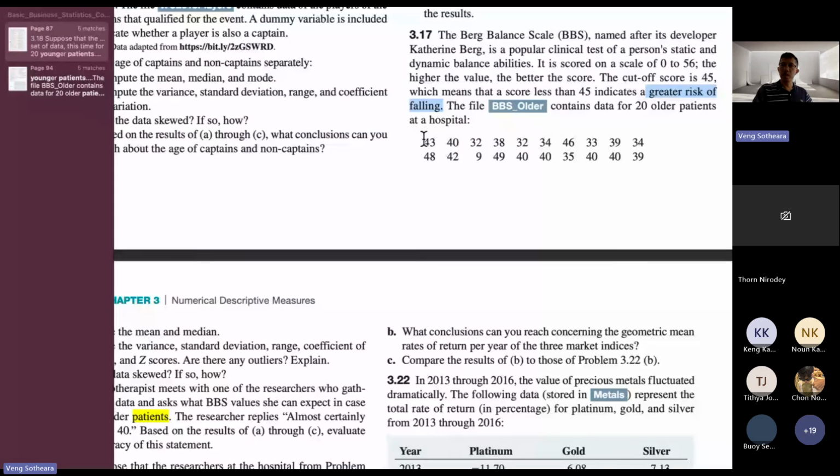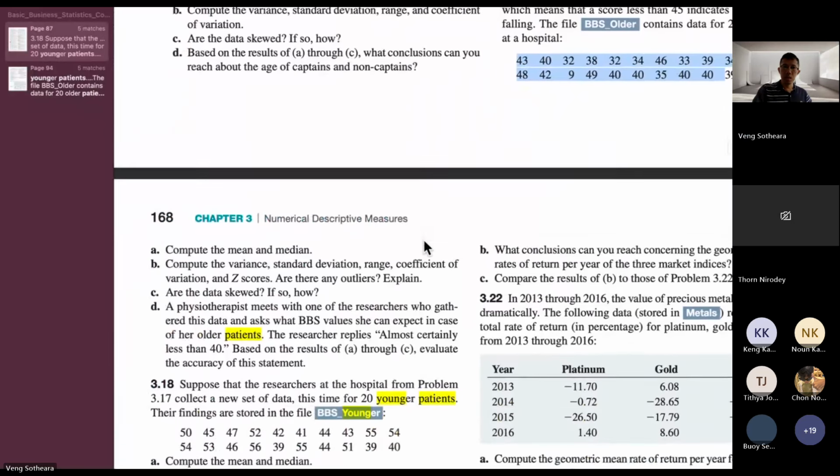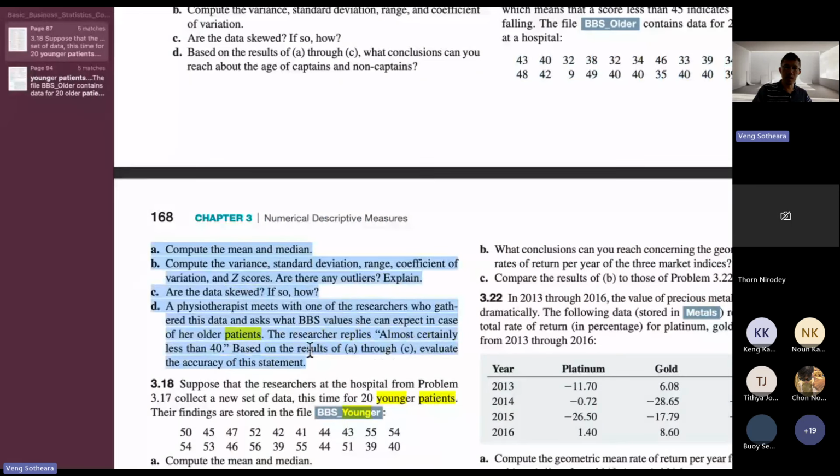So this file contains the BBS scores of 20 older patients at the hospital. So please try to answer these questions. Okay? Try to answer this question.